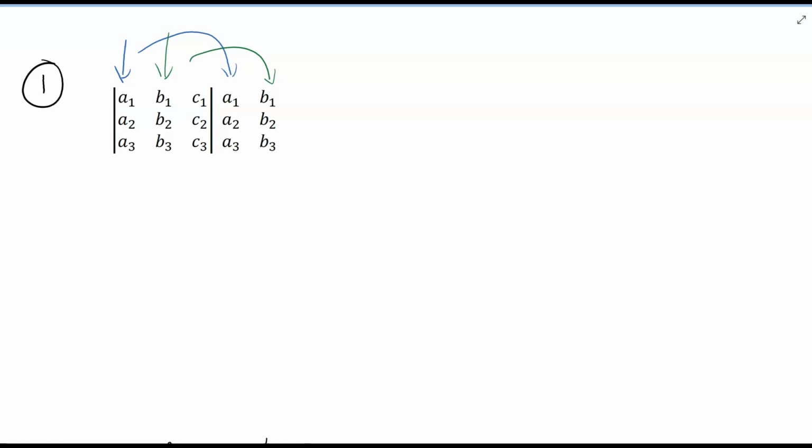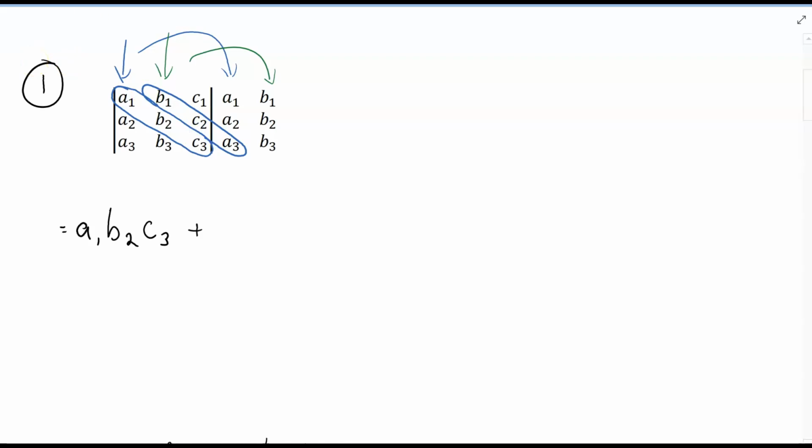So let's take a look at the first principal diagonal, which runs from the top left corner down here. So the values are A1 times B2 times C3. We will add to that the second principal diagonal, which is here. And this is why we copied the first column over.